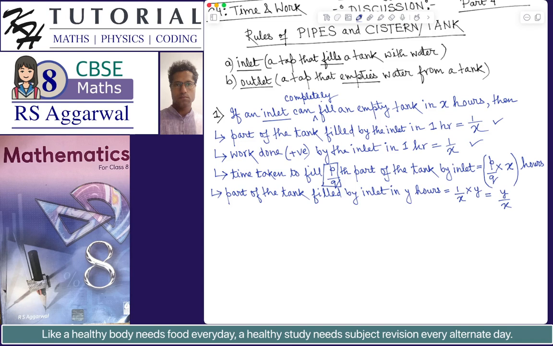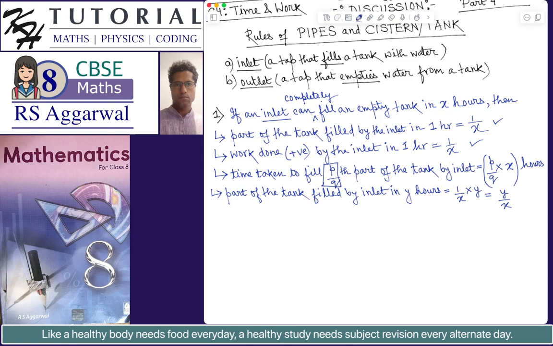It is just that we apply a unitary method. So how? We know the fact that the inlet tap in X hours is completely filling the tank. Now the complete tank, that is the full tank, is considered to be 1. So a positive work done of 1 means that a whole tank is being filled.